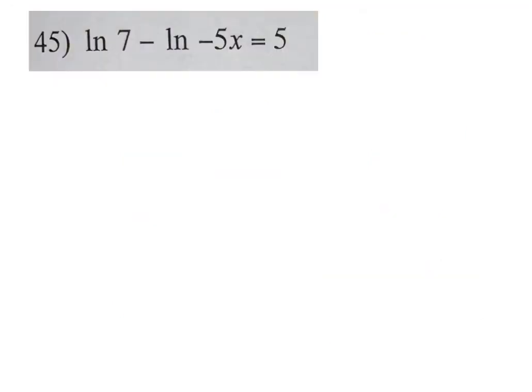So here we go. We're going to condense using the subtraction. ln of 7 divided by negative 5x equals 5. My base for ln is e. Base cancels out base. You have to use whatever base you're talking about, in this case, base e. My bases cancel on the left. On the right, I have e to the 5th, which is a number.